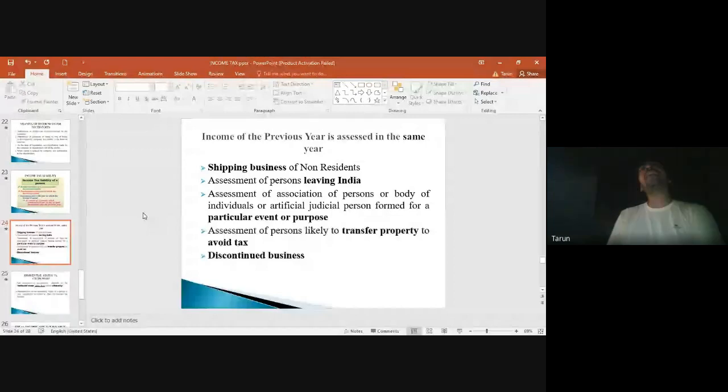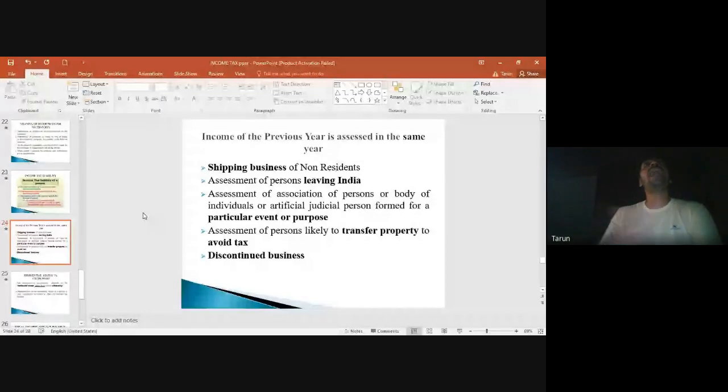Knowing that he or she is a non-resident, but they are doing shipping business in India, within India or outside India, their income will become taxable because they are doing business in India, whether resident or non-resident. The root of their business is in India, so their income should be taxable during all those previous years.